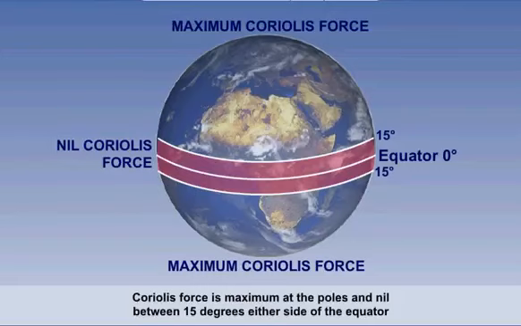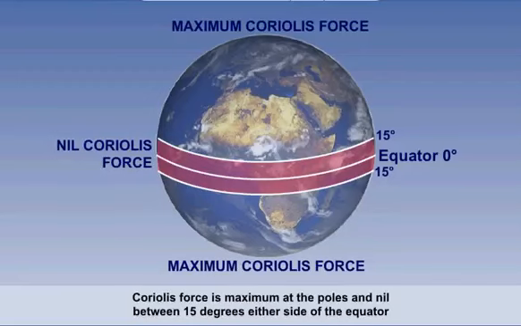But if you remember from earlier, we stated that the two forces of the geostrophic wind must be in balance, namely, the pressure gradient force and the Coriolis force. However, we have just learnt that within 15 degrees of either side of the equator, there is no Coriolis force. Therefore, there is an imbalance of the forces.